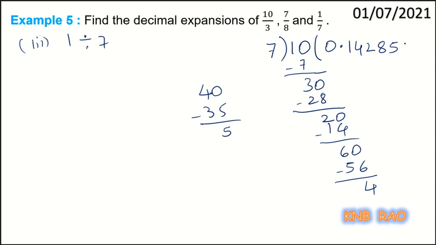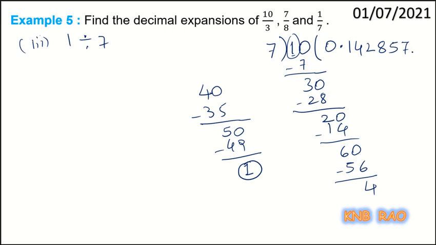Further, here I have to make it 50 now. So 7 7s are 49. So 50 minus 49 is 1. That means this 1 has come once again, what was given as the dividend. That means further when I do it, it starts with 1, again 4, 2, 8, 5, 7.